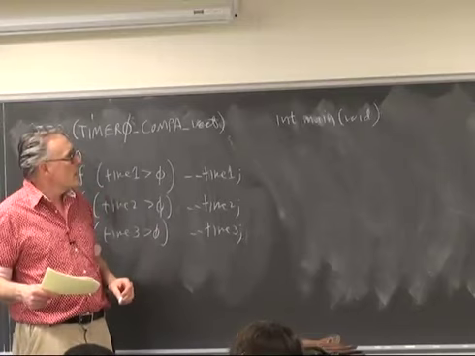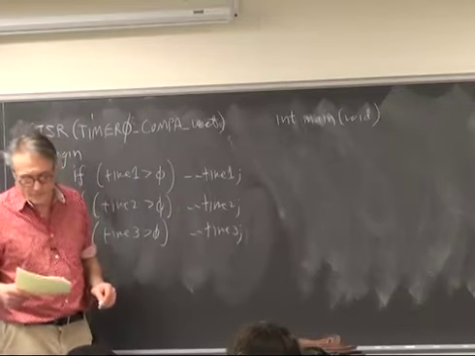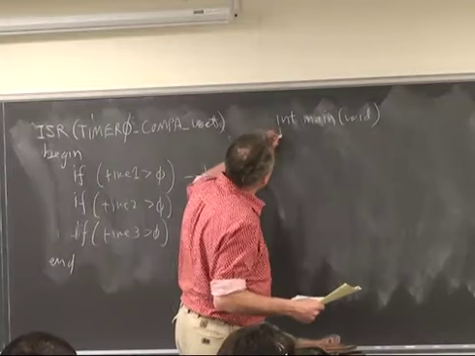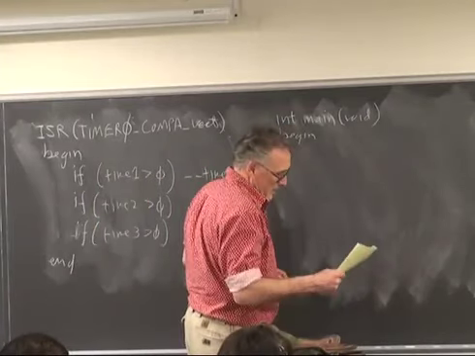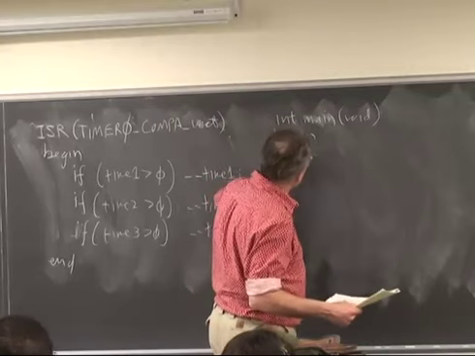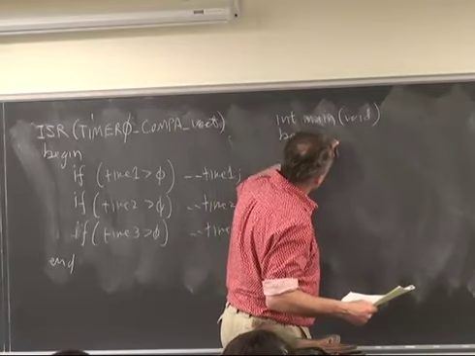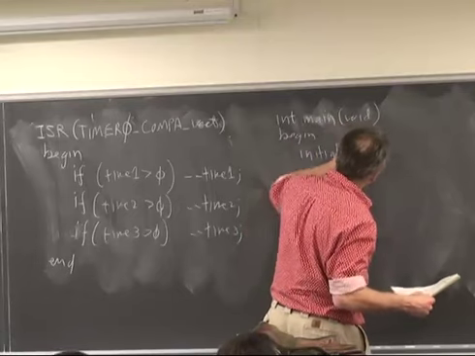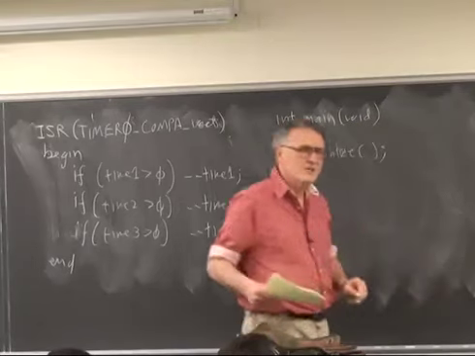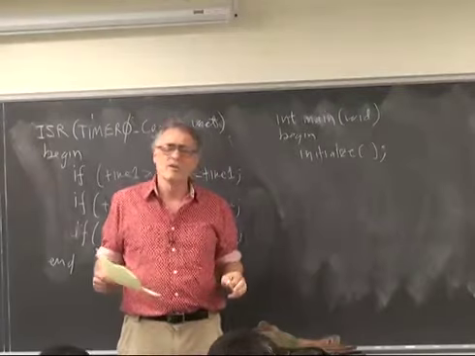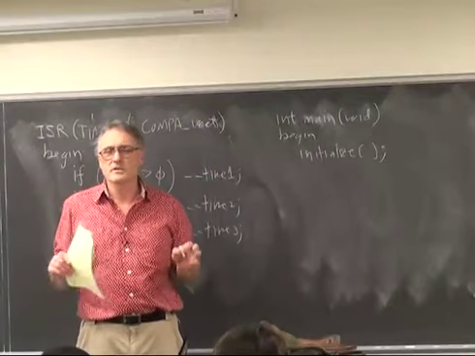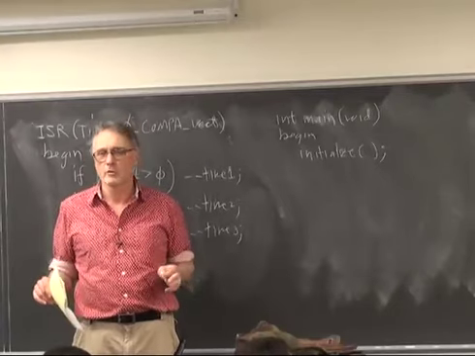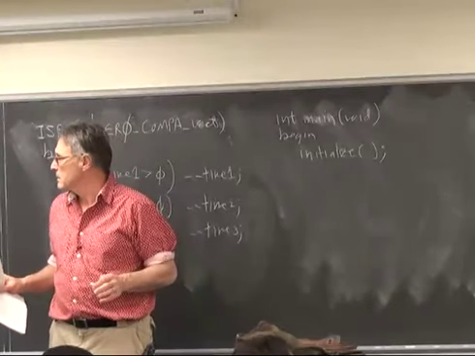So int is the return type of main. We're going to begin. And then there's going to be some initialize, which will be a function that has a whole bunch of low-level stuff in it. It'll set up all the I/O ports and the timers and all that, and we'll write that out in a few minutes.